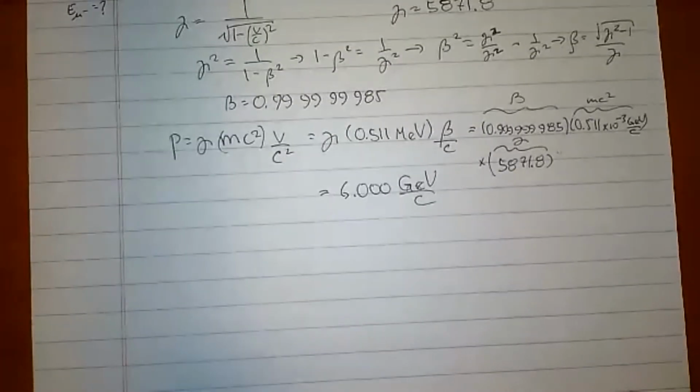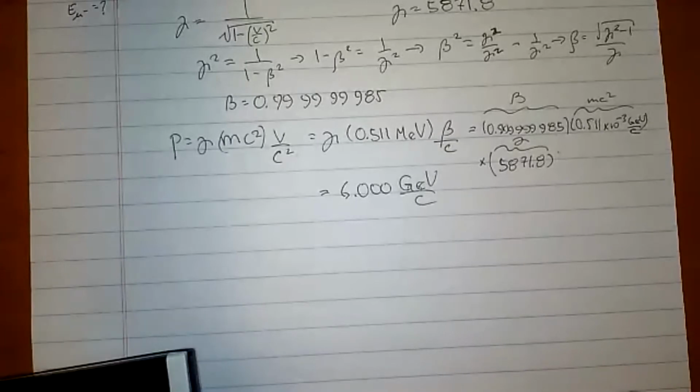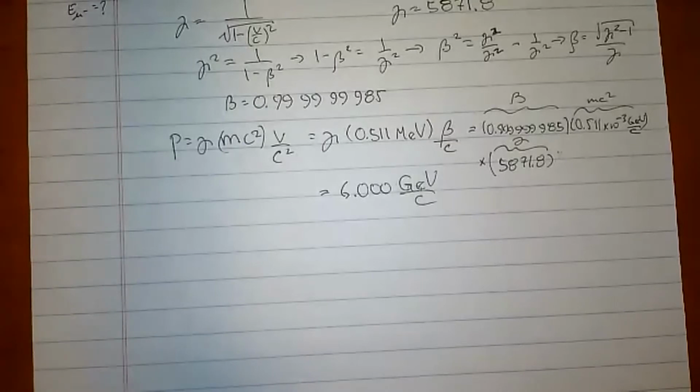So that's the actual momentum of the electron. Of course, the positron is exactly the same. So it should be 6 GeV per c in both cases, barring some stupid arithmetic error.